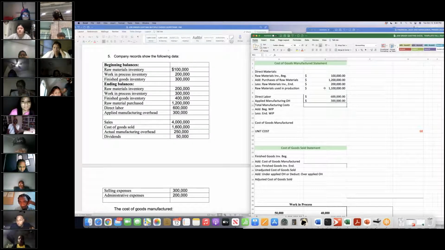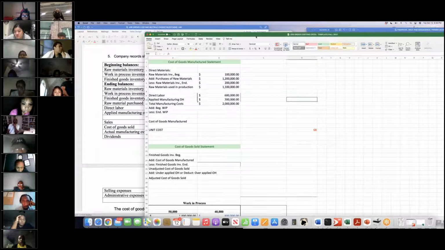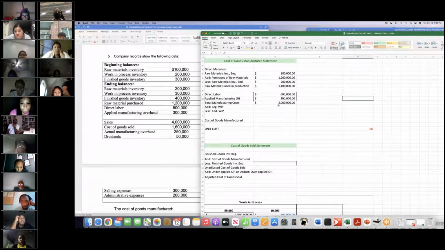Here's a million, here's 600, here's 300. It's always three costs. You're always adding three numbers together to get the total manufacturing cost, not two numbers, all three.